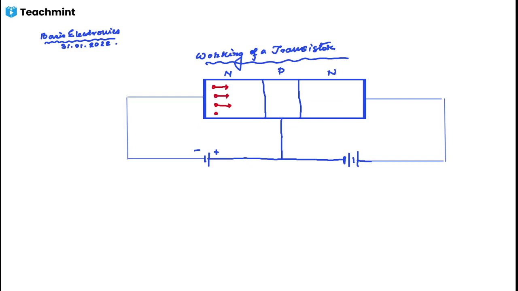These are the electrons. These are also electrons. Electrons are there. Here there is a recombination with holes.